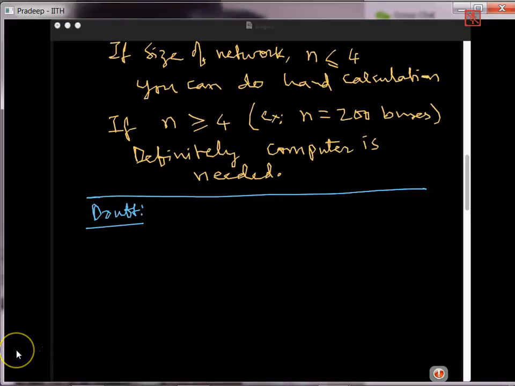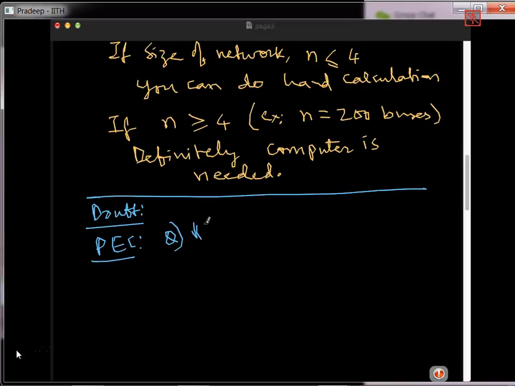Okay, just a clarification. Again, Pragati Engineering College, the question is, how to invert Y bus without software?